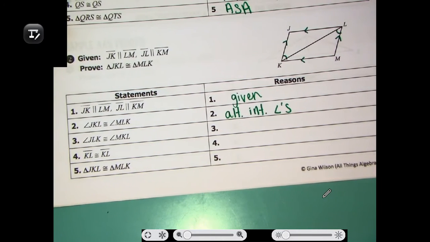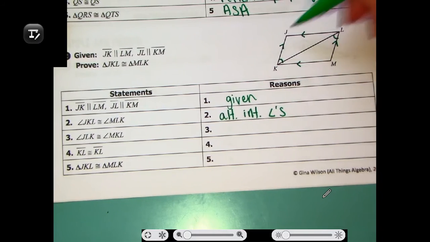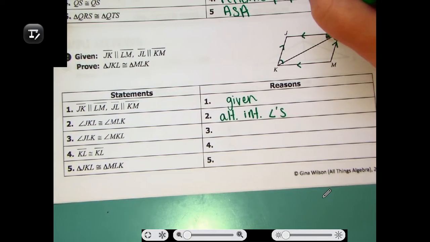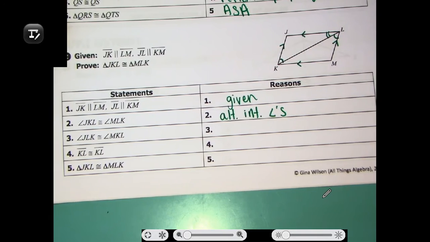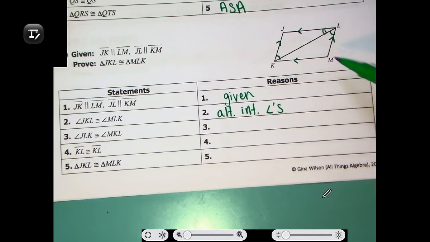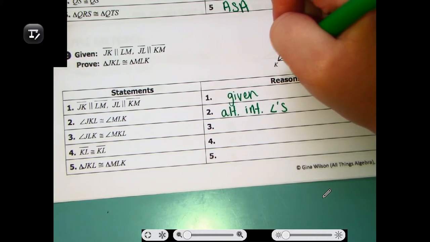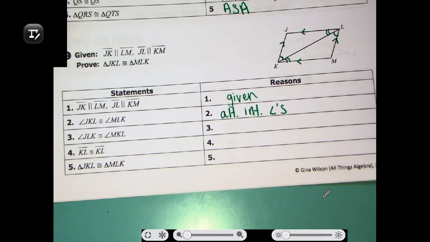So now let's do the next one. So it says angle JLK. So JLK. So now this one here is congruent to angle MKL. So MKL. Okay, so why do you think those two are congruent?